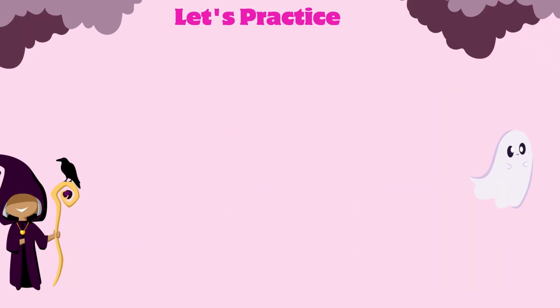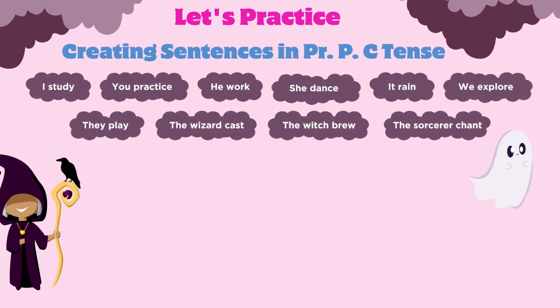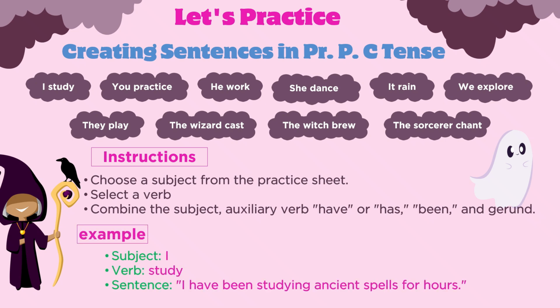Let's practice by creating sentences in present perfect continuous tense. Here are some words. What you have to do? Choose a subject from the practice sheet. Select a verb. After that, combine the subject, the auxiliary verb have, has, been, and the gerund. For example, for the first one, the subject is I, the main verb is study.